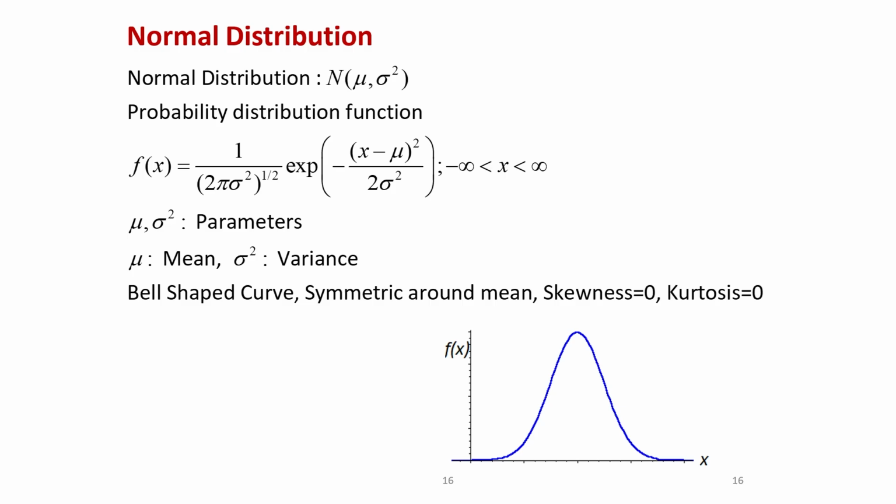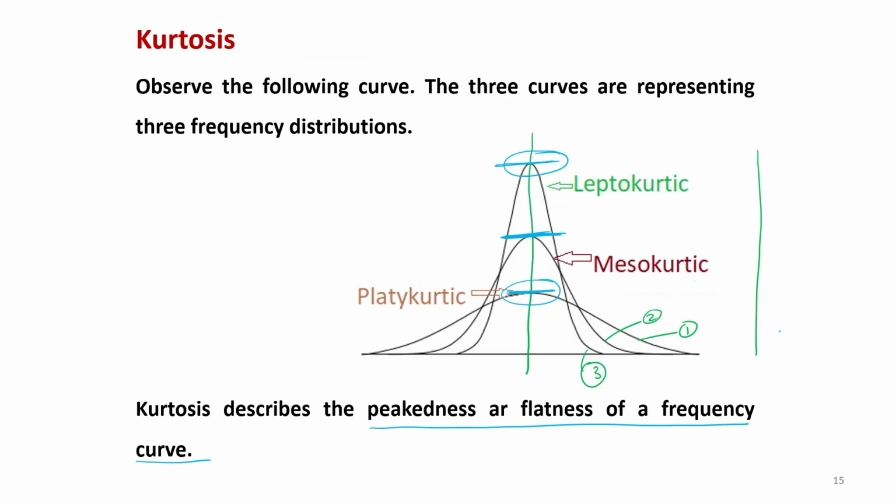This curve is bell shaped, it is symmetric, no issues. But now if you look around this point, this is the hump. Whatever the value of this hump, which is defined by the coefficient of kurtosis that we are going to define, based on that we call the hump of the normal distribution mesokurtic.